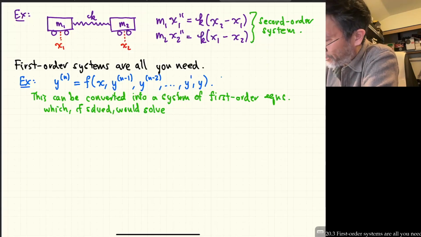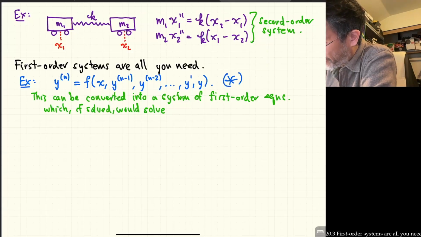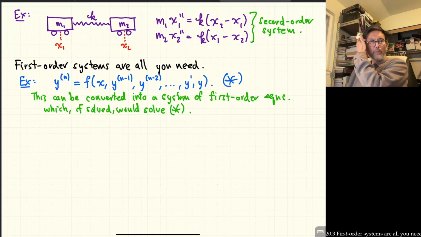Let me call this equation star. It would solve star. You understand what I'm saying?